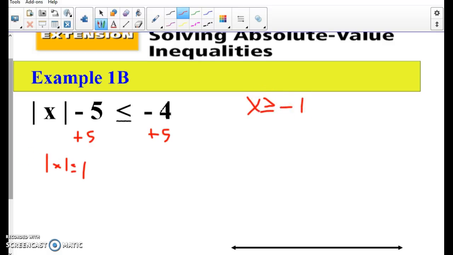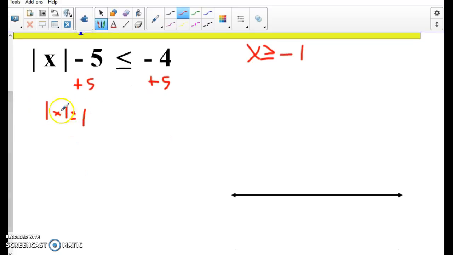So I flip my sign and my answer. So that means, again, my answer is anything between positive 1, could be greater than or equal to, and anything negative 1, which really doesn't leave us a lot of options because that means it's pretty much 0. So 2 graphs, 2 answers for these absolute value.